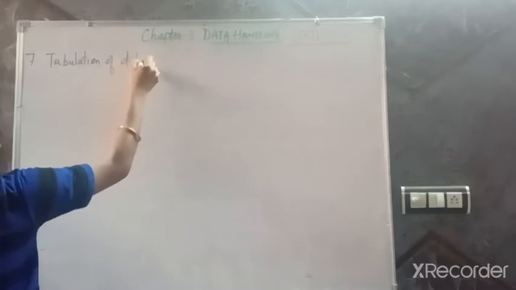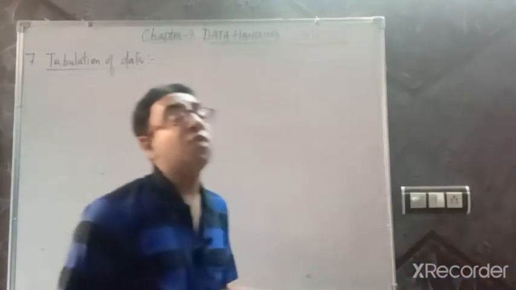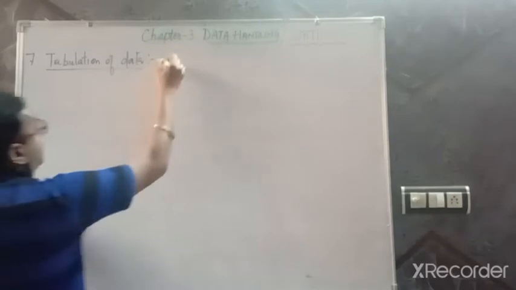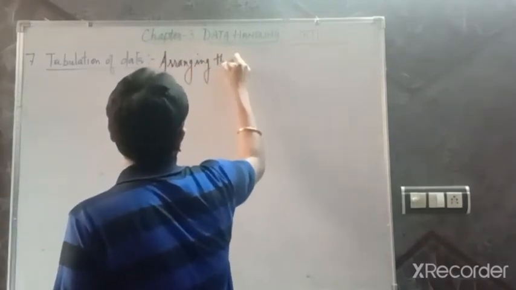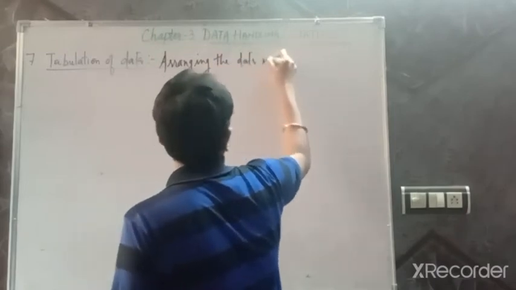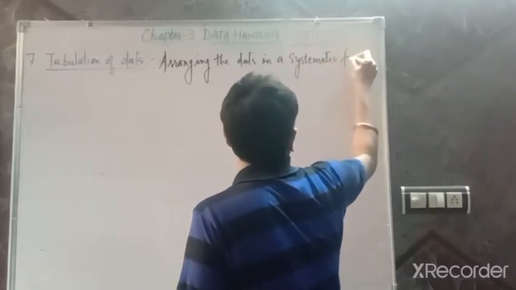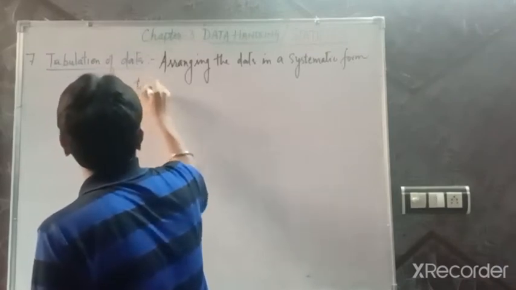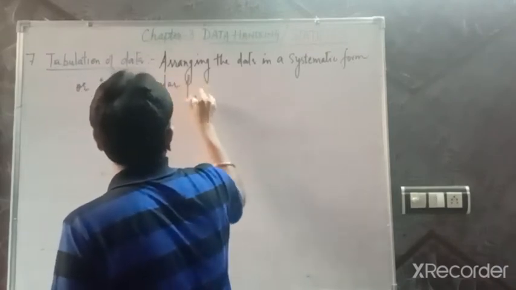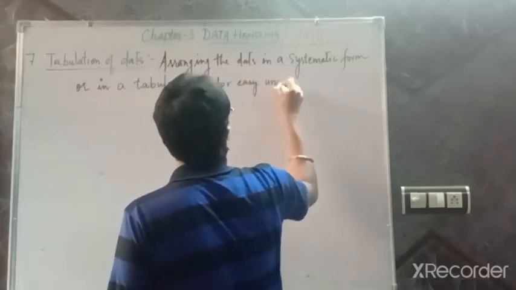Tabulation of data. What do you mean by tabulation? Tabulation means table, in the form of a table. So tabulation means arranging the data in a systematic form, or in a tabular form, for easy understanding.